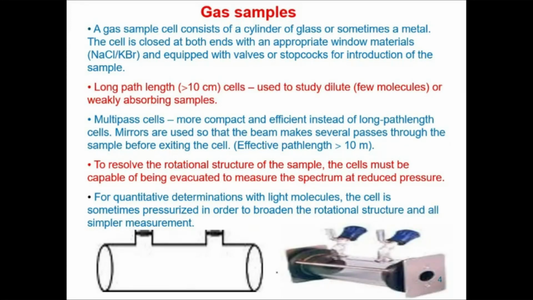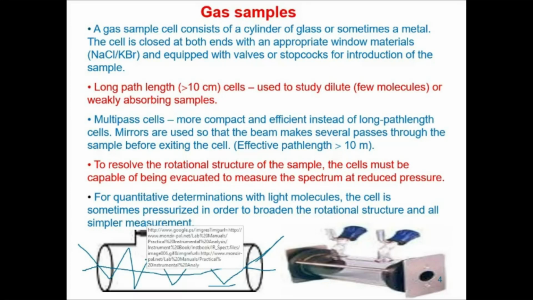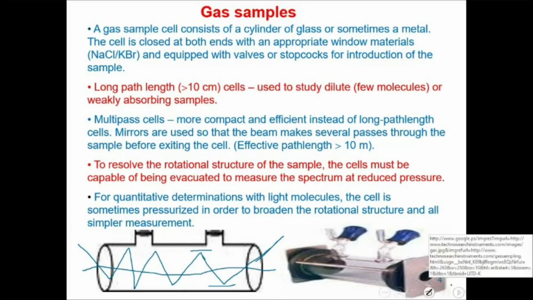Suppose the IR light is entering from here, and you have multiple reflectors from which the light bounces multiple times. If light passes along a single path, it will travel less distance, but in this zigzag manner it will travel more distance, so there will be more significant absorbance associated with it.